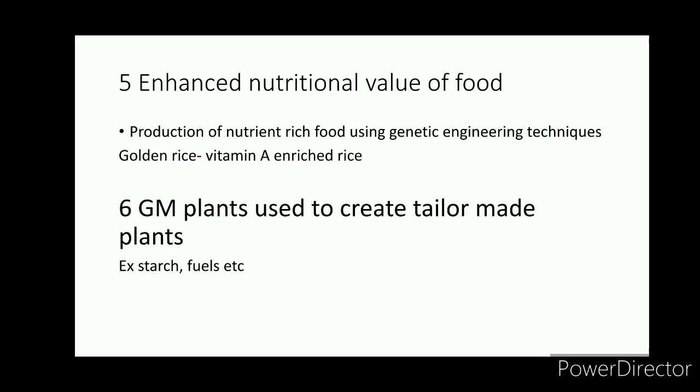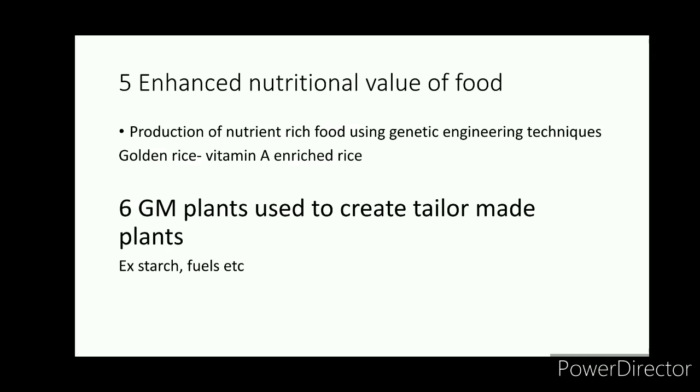So it is placed in such a way that it is produced in the edible regions, which helps in the synthesis of vitamin A. So it enhances the nutritional value of the food, which is going to prevent diseased conditions and malnutrition in people. So it is going to provide all the vitamins for malnourished people. That can be done, and it is possible through genetic engineering techniques.